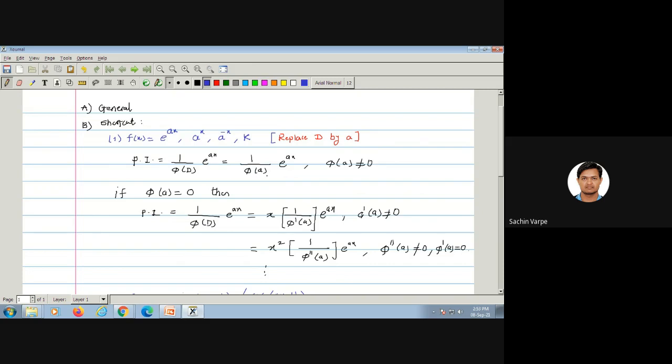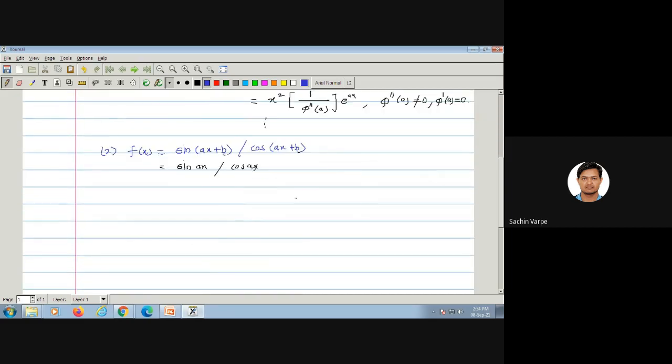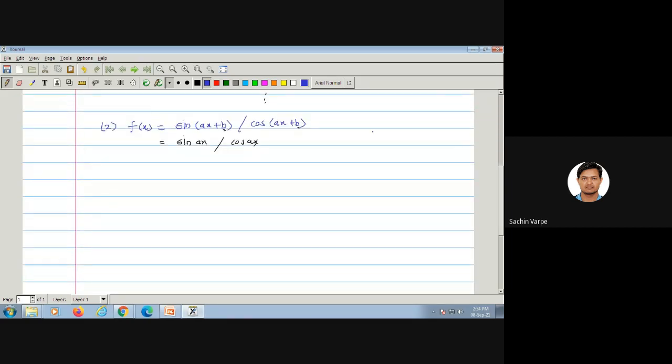We took successive derivatives of the exponential function and came to the conclusion that whatever function of D we apply over the exponential function, that same kind of function in the variable a we get on the right hand side. The similar pattern will be there here.